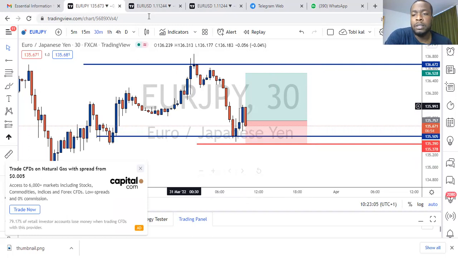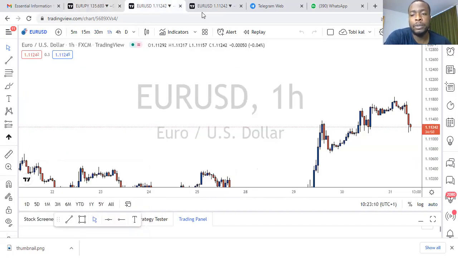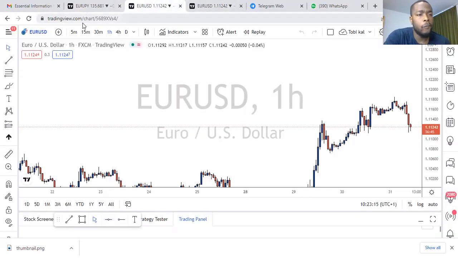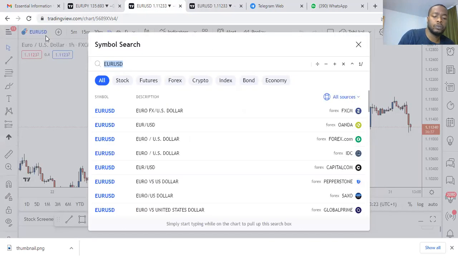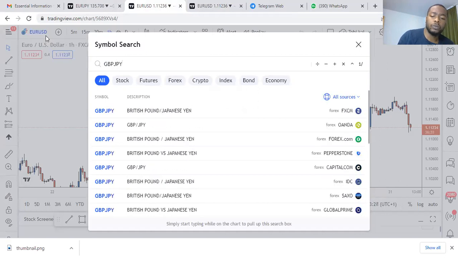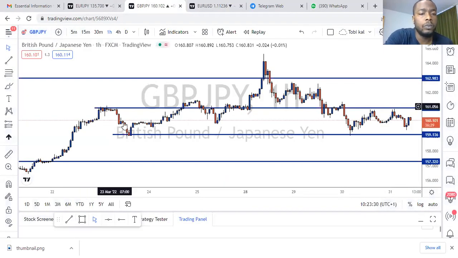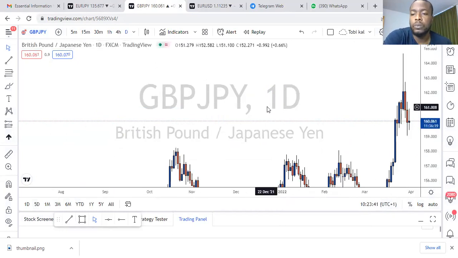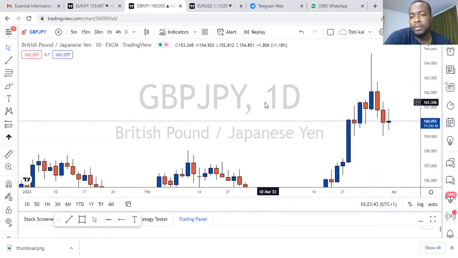All right, let's see what's going on. Let's look at GBP JPY today. Looks like this is going to sell for a time, actually.